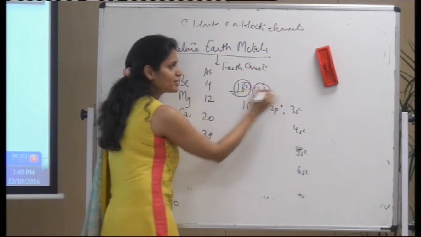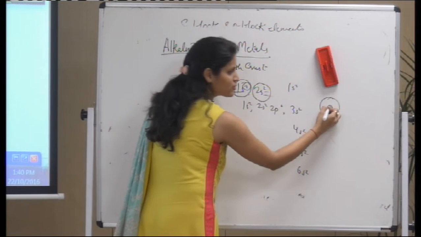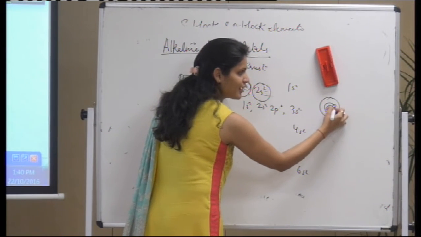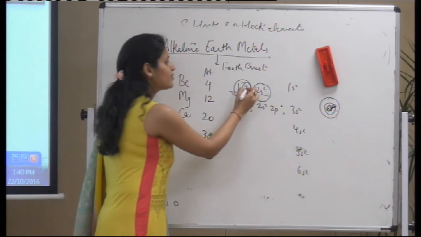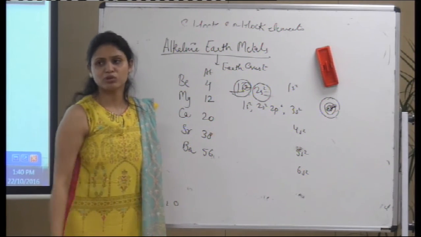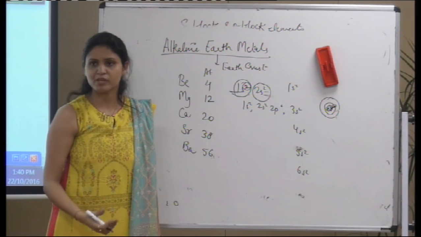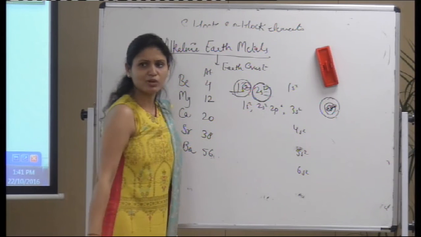Moreover, this 1s2 shell is closest to the nucleus. This is the nucleus, this is the 1s shell, and hence its attraction to the nucleus is very high. We can take out this electron, but it will require a very large amount of energy, and hence it is not favorable. It can maximum take out 2 electrons from the outermost shell.